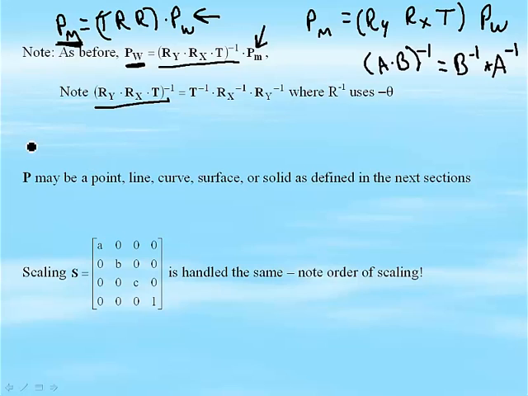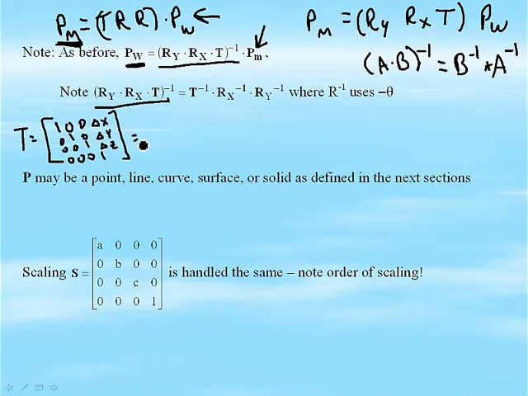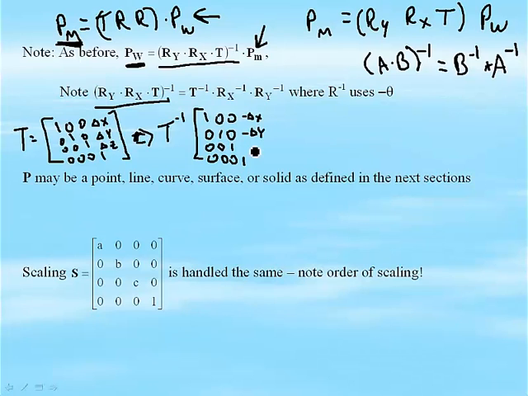And remember, if T was something like delta x, delta y, and delta z here in that last column, then T inverse is the same, we would just replace that last column with minus delta x, minus delta y, minus delta z.